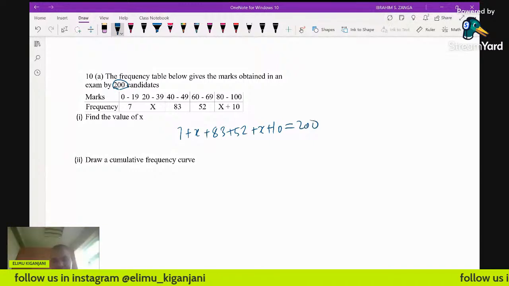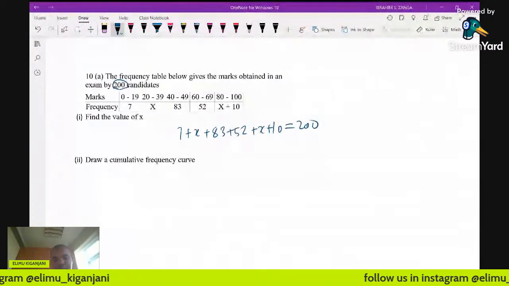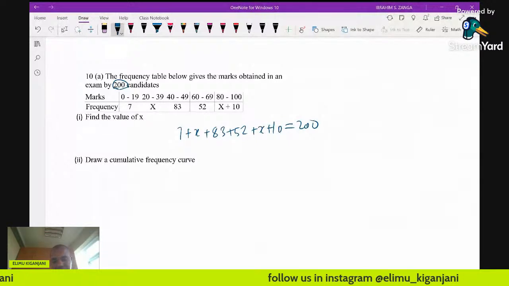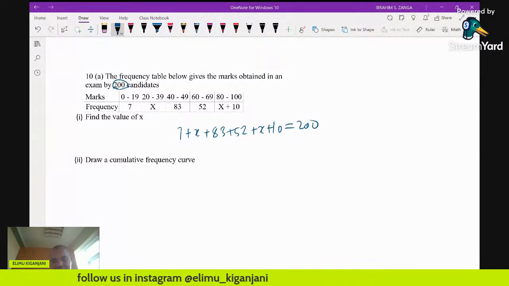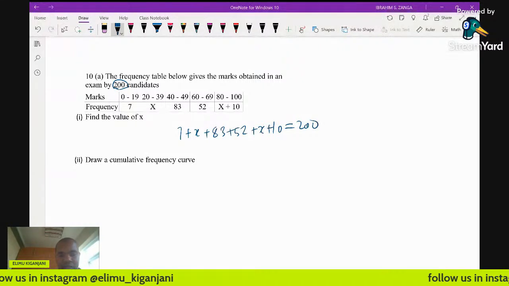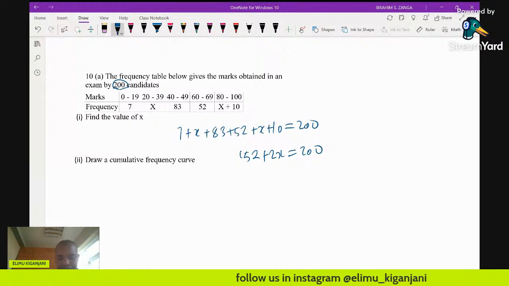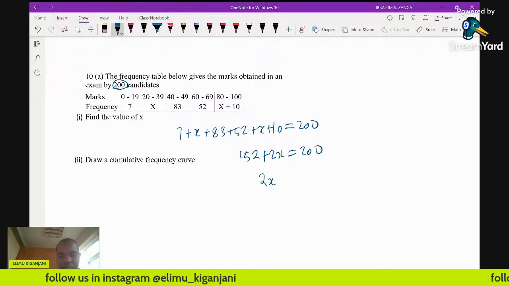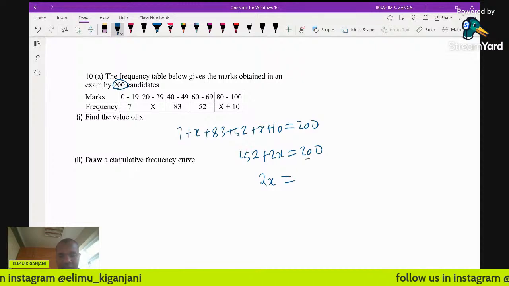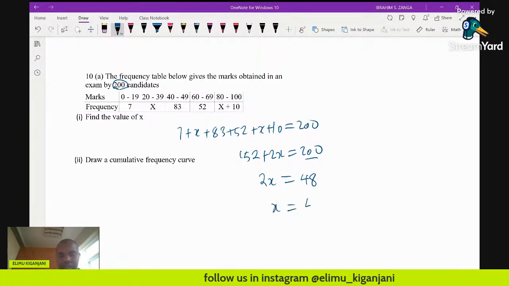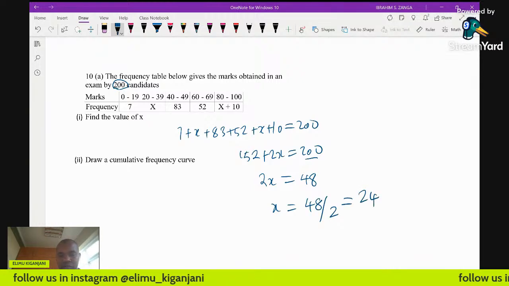When you add 7 plus 83 plus 52 plus 10 plus 2x, it is 152 plus 2x equals 200. Subtracting, 2x will be 200 minus 152, which is 48. The value of x is 48 over 2, which is equal to 24.